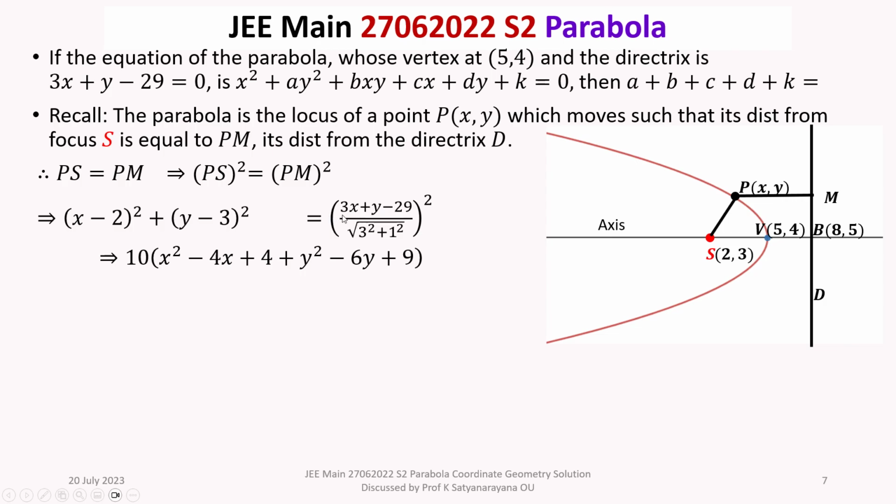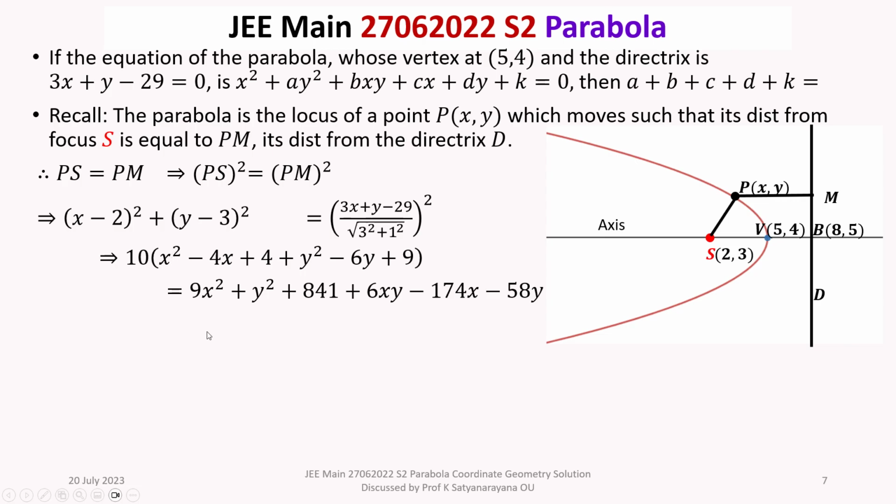We will use the (a plus b plus c) whole square formula, and you will get 3x whole square, 9x square, plus y square, plus 29 square, that is 841, and 2ab, that is 2 into 3x into y, 6xy, and 2 into 3x into minus 29, minus 174x, 2 into y into minus 29, that is minus 58y.